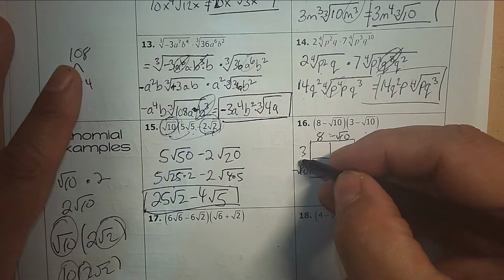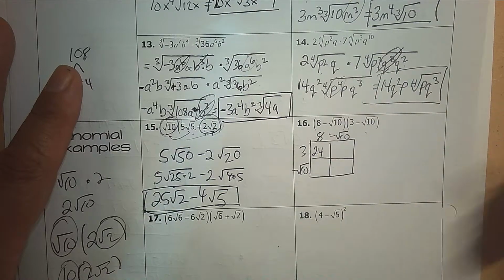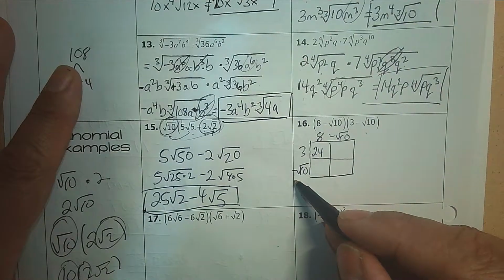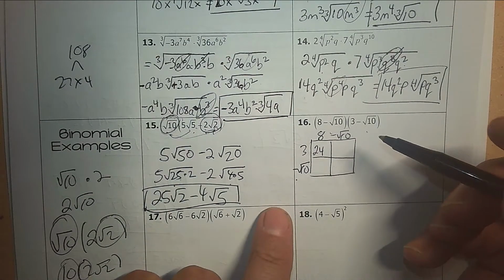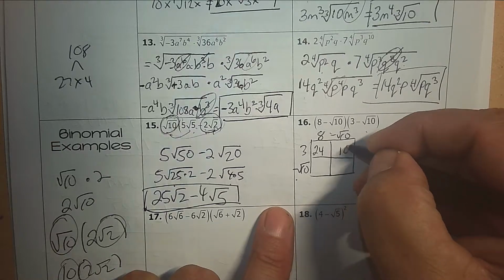So 3 times 8 is 24. Now negative root 10 and negative root 10. One of the properties of multiplying, if you multiply the same root, it undoes the square root. So it's just 10. So what's negative root 10 times negative root 10? And the answer is positive 10.